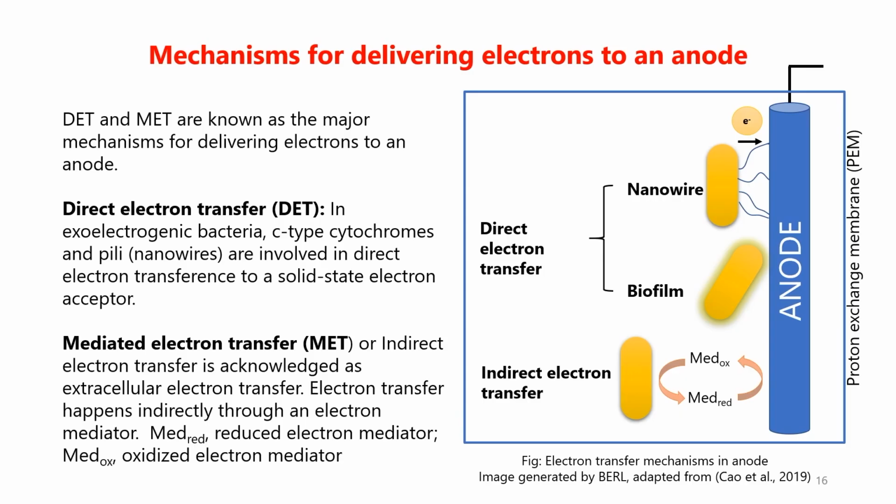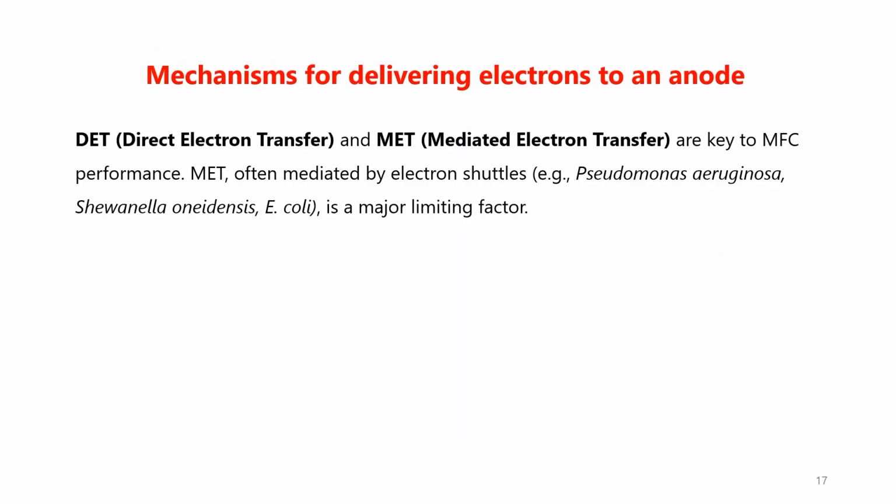So, the reduced electron mediator then gets converted back to the oxidized electron mediator, and then this cycle keeps going on, and in the process it transfers the electrons to the anode. So, let us discuss direct electron transfer and mediated electron transfer, which are key to MFC performance.